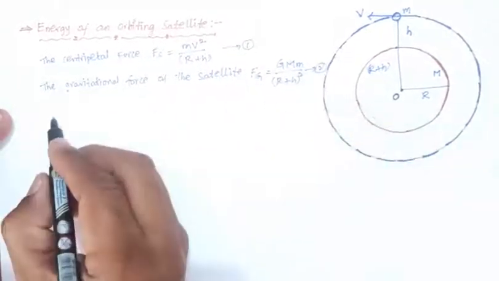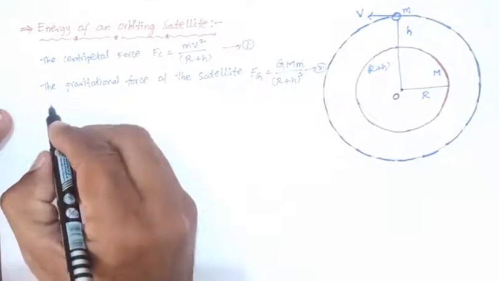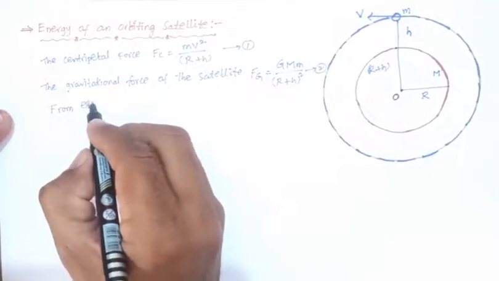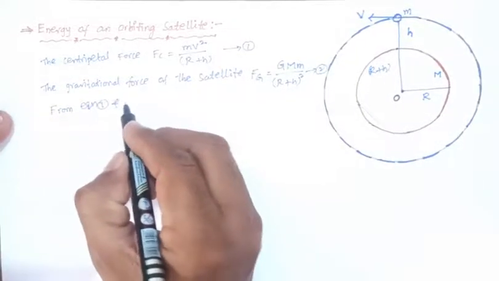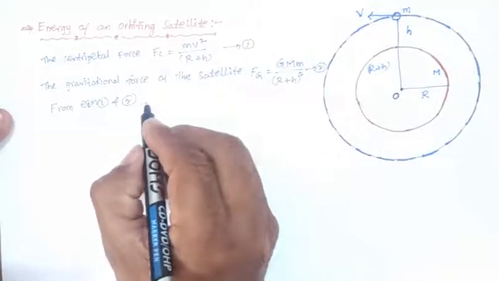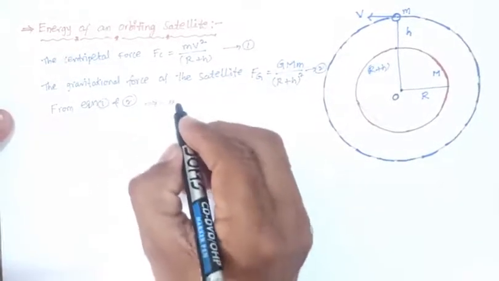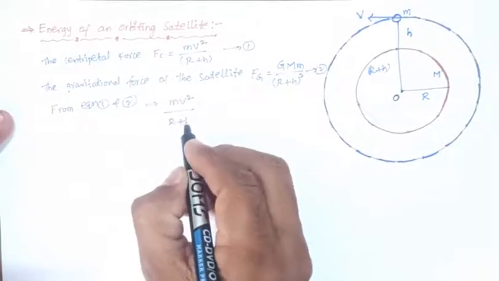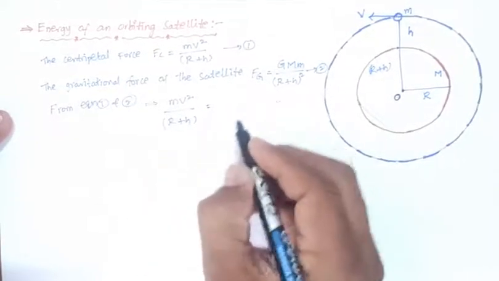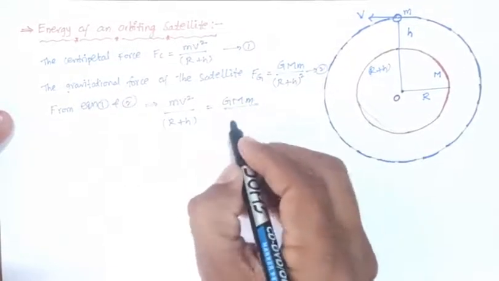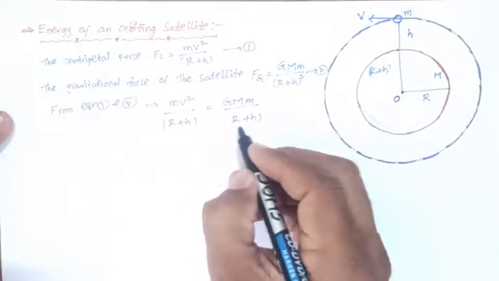From equation number 1 and 2 we can write mv square by R plus h equals G capital M small m by R plus h whole square.